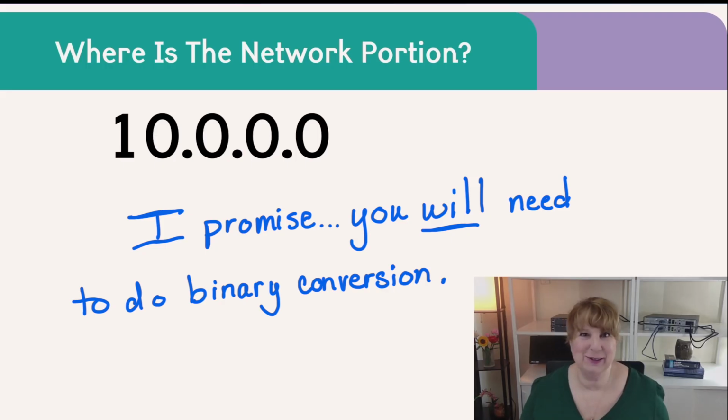I promise you. But if you remember from the last lesson, every IPv4 address contains a network portion and a host portion. What we haven't talked about yet is how the computer and the people working with the computers know which part of the address is the network portion and which part is the host portion, because it's not always the same.